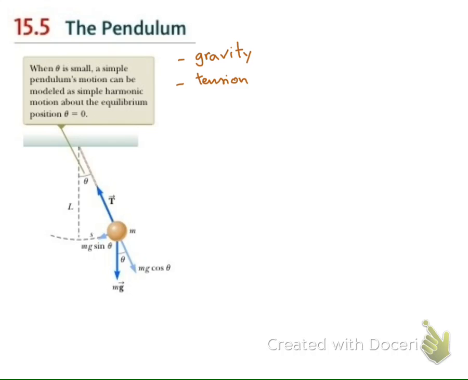If you look at the figure, you can see that we have this mg, which is the gravity, acting vertically downward, and we have the tension, this, pointing toward the pivot point here.